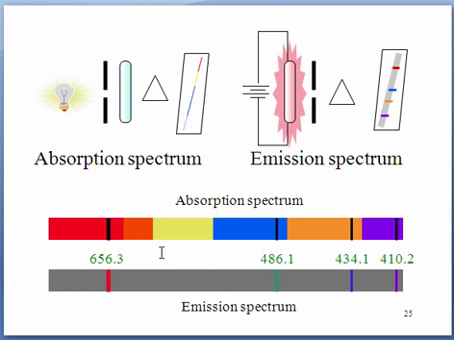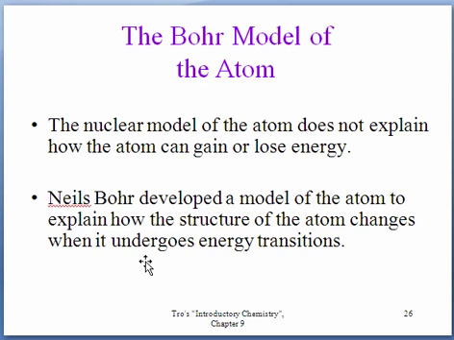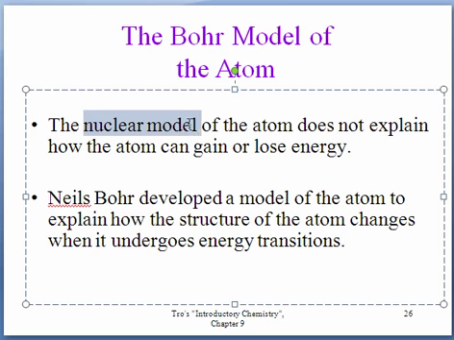So why do certain elements have very specific wavelengths that are different from other elements, and why do they absorb and emit these wavelengths of very specific distance? And by the way, the units here are in nanometers. Scientists at the time understood that the atom had a nucleus of protons and neutrons, and that it had electrons that were further away from it. But they didn't have a detailed understanding of how the electrons were ordered.